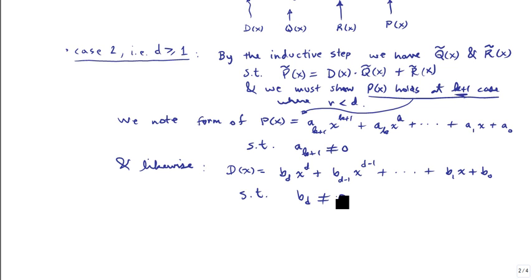Okay? Otherwise, it wouldn't be a polynomial of the dth degree, where we're saying it's some D larger than or equal to 1.